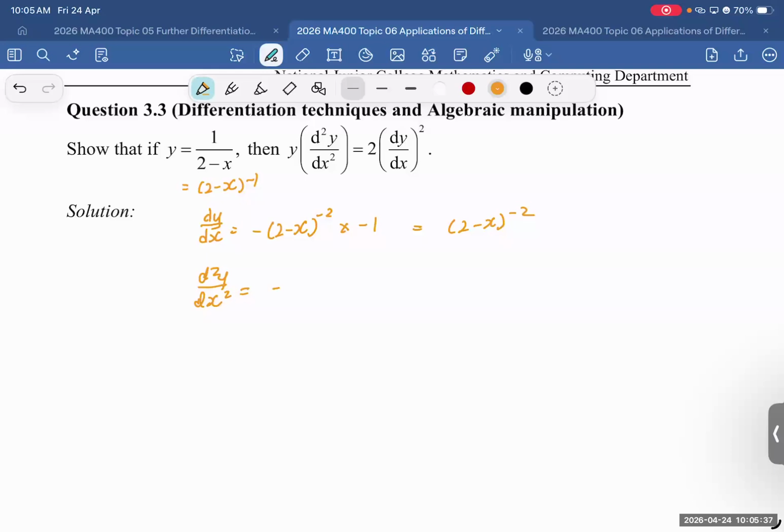Okay. 1, 2, 3. Okay, so we're going to find, now I check my left hand side. My left hand side. Your right hand side.